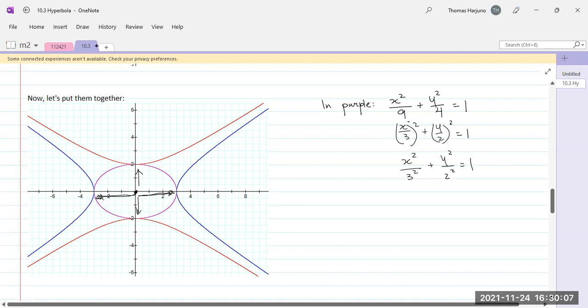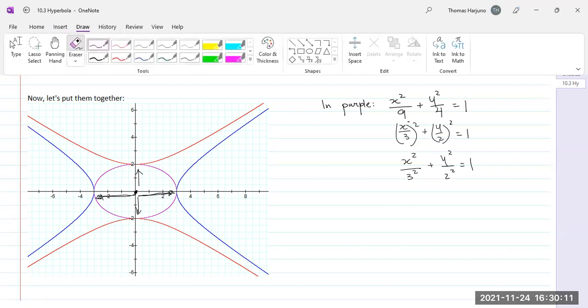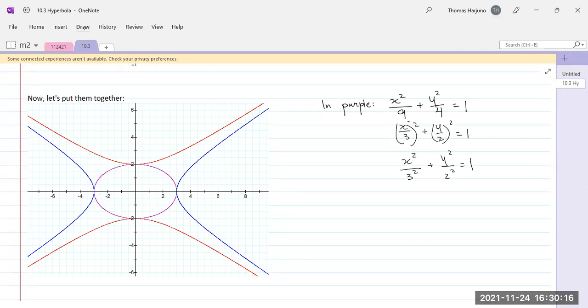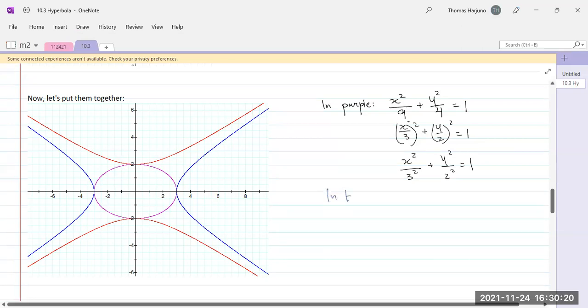Okay, now what happens if we have the blue one? Let me write it in blue. That's x squared over 9 minus y squared over 4 equals 1.